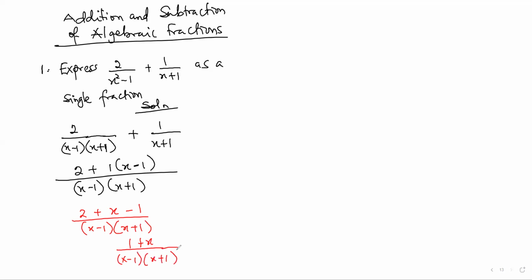Now, 1 plus x is the same as x plus 1. So when you cancel, you'll be left with 1 divided by x minus 1 as the final answer.